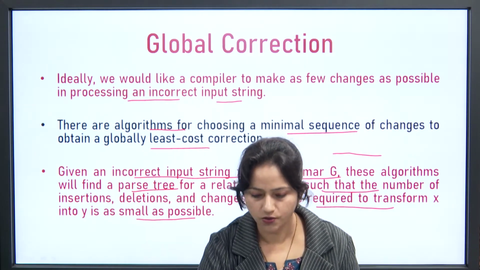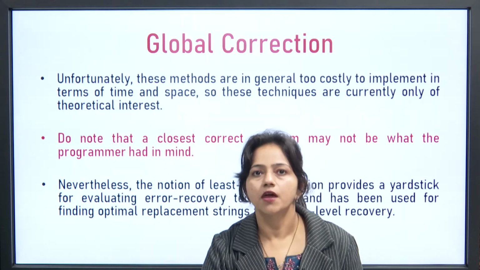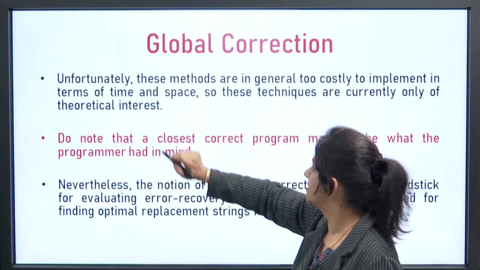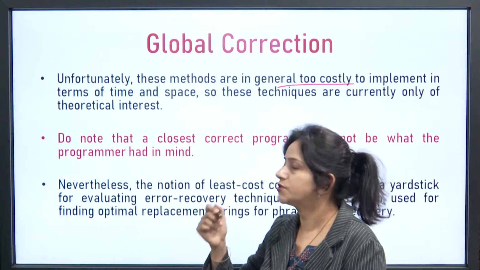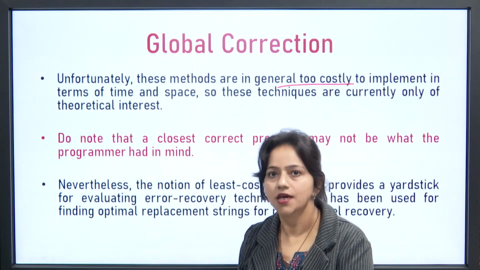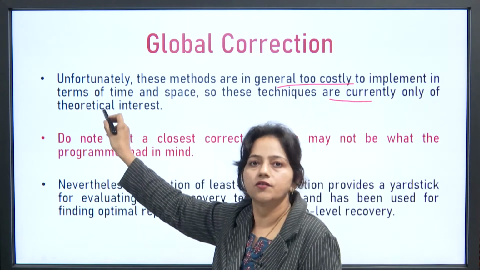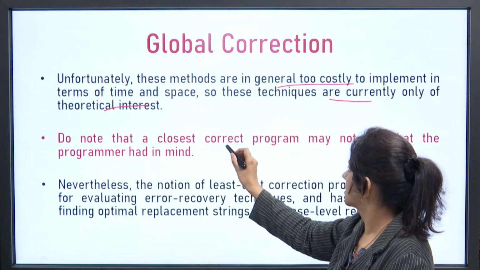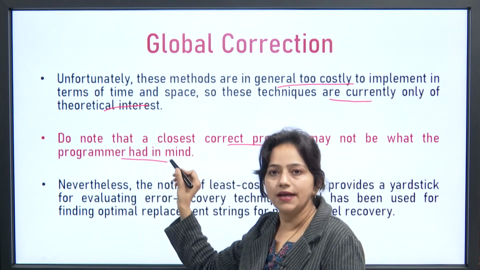They use the minimum distance correction scheme for doing global corrections. Unfortunately, these methods are in general too costly to implement in terms of time as well as space. So, these techniques are currently only of theoretical interest. We note that the closest correct program may not be what the programmer had in mind.